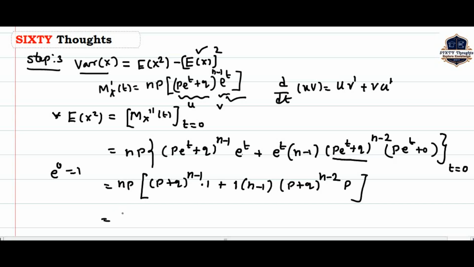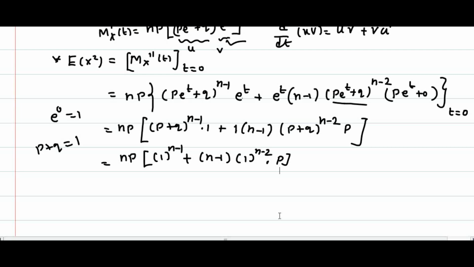We know that p plus q equal to what? Probability of success plus probability of failure is equal to 1. So we get np into 1 power n minus 1 plus (n minus 1) into 1 power n minus 2 into p. We know that 1 power anything equal to 1.